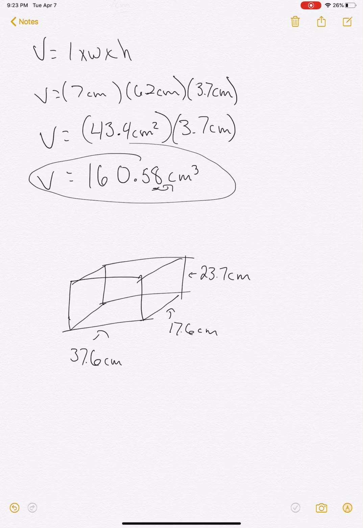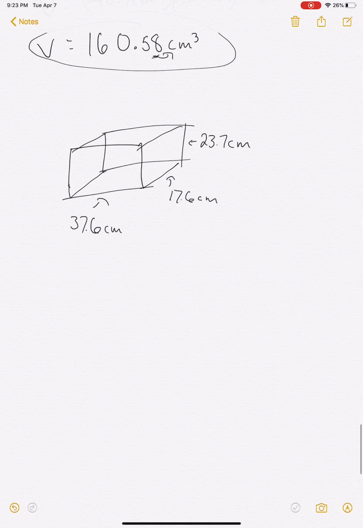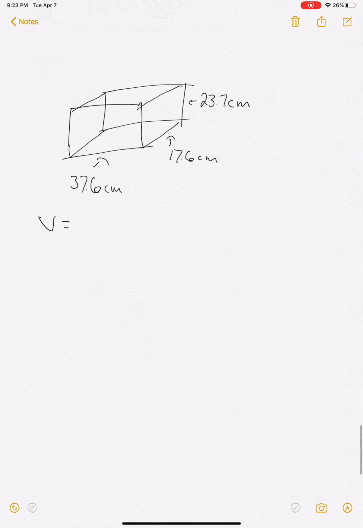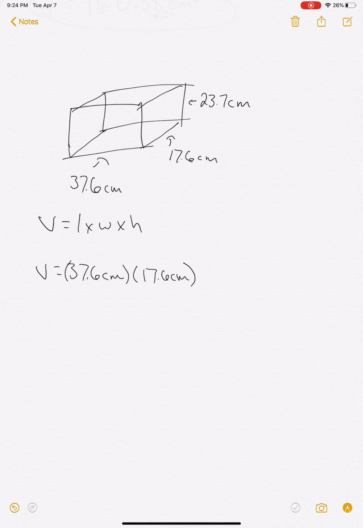These numbers look a little bigger, but we're just going to be doing the exact same formula, which is length times width times height. So we're going to plug those in. Our length would be 37.6 centimeters, our width is 17.6 centimeters, and our height is 23.7 centimeters. We're going to multiply these together.